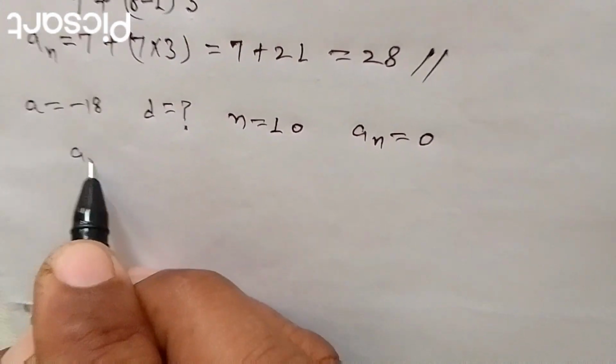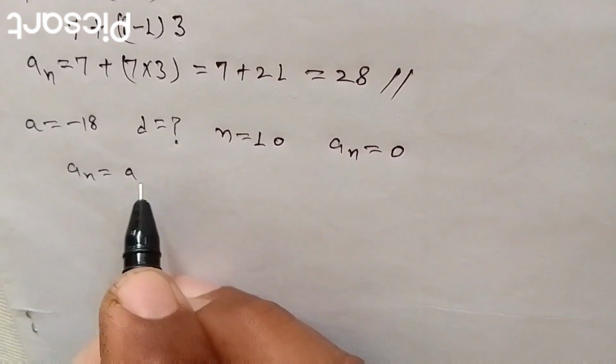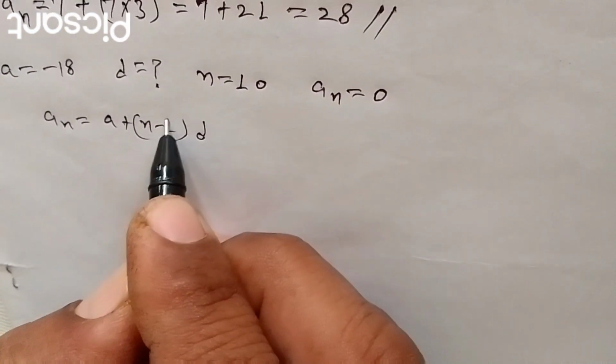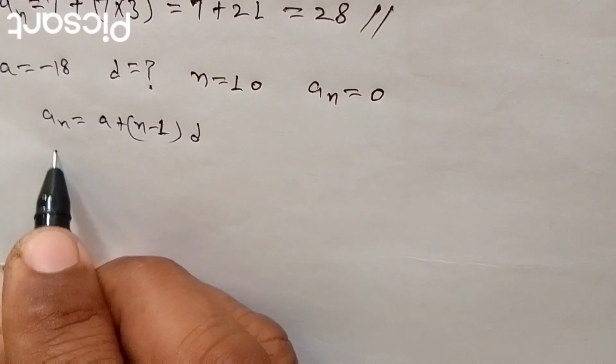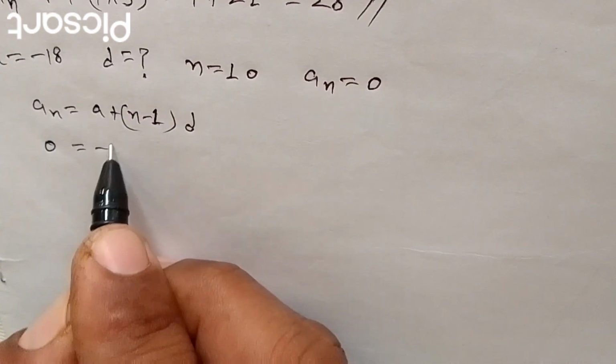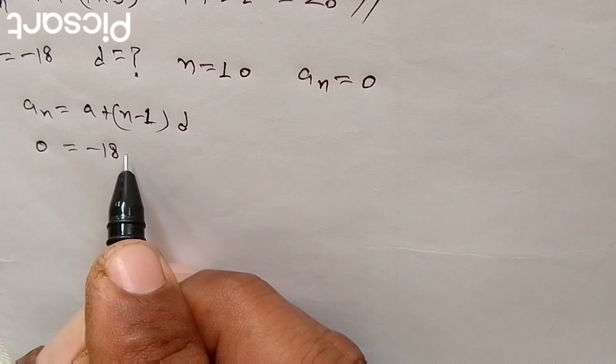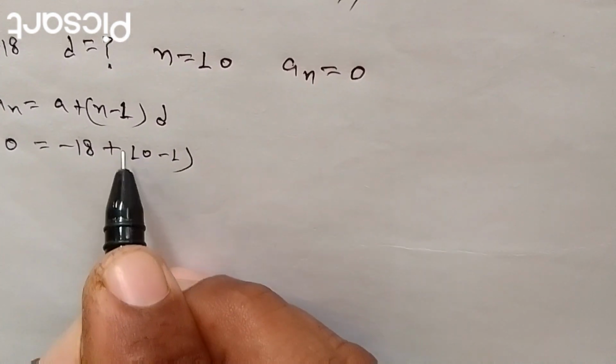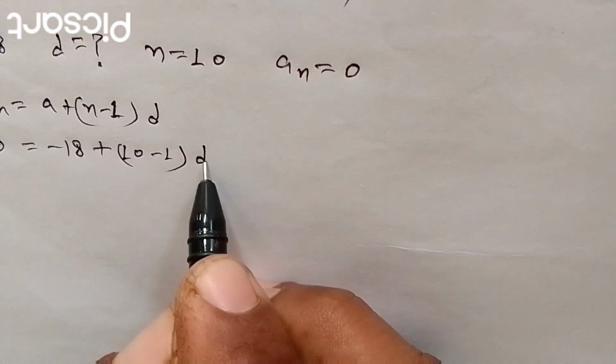Again using the formula an is equal to a plus n minus 1 d, we will put the values: an 0, a minus 18, plus n 10 minus 1, and d we have to calculate.